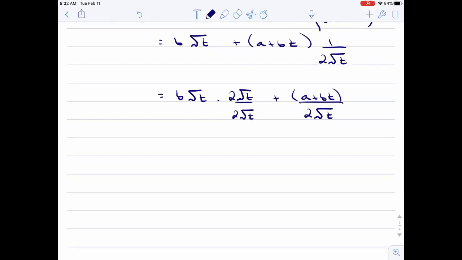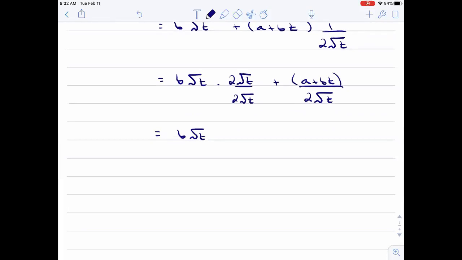Now they're both over 2 root t, and so I've got b root t times 2 root t. So I'm going to pull that 2 out front because now I've got root t times root t, plus a plus bt. I can ditch those brackets because there's no negatives, so I don't have to worry, over 2 root t.